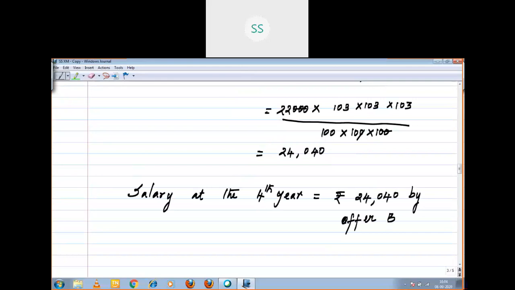What they are asking? What is the salary in the fourth year with respect to offer A and B? A, he got how much? 23,820. B, he got 24,040. Right?